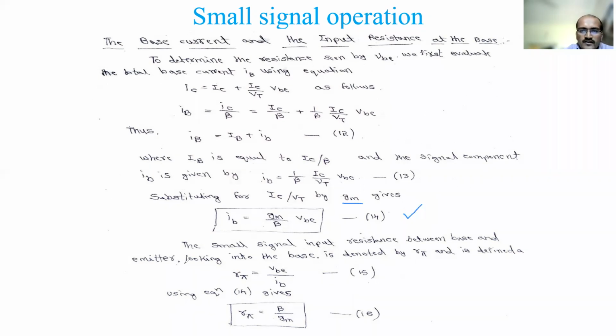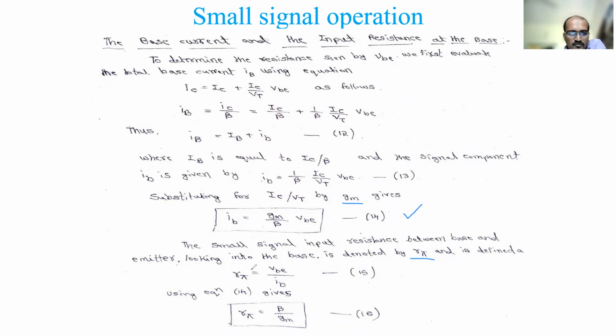Now, along with the base current, there is a small resistance present. Along with current there is always a small resistance, to limit the flow of that current, right? We call it r_pi. The small signal input resistance between base and emitter, looking into the base, is denoted by r_pi, and it is defined as voltage by current.